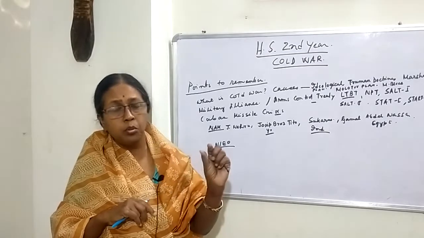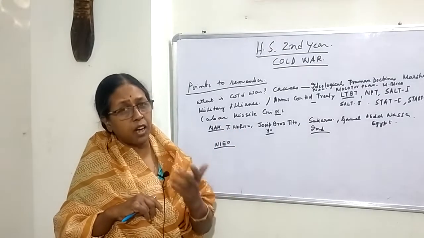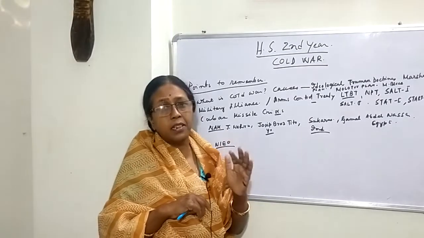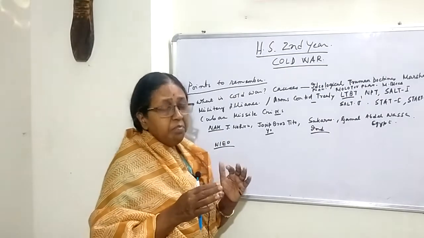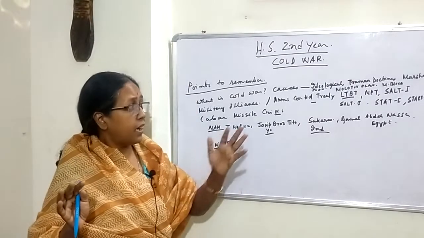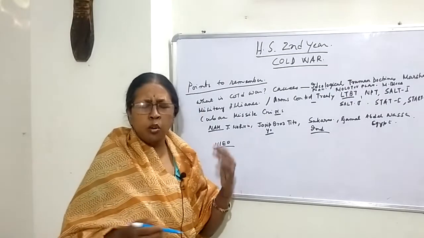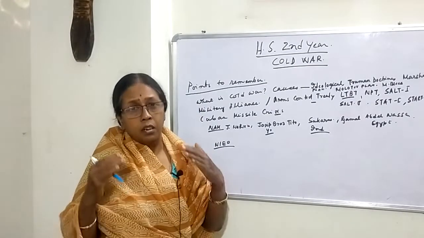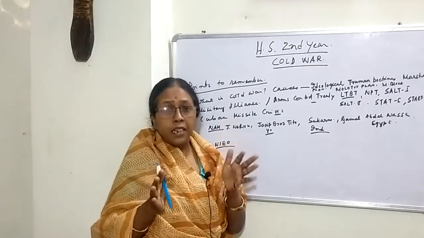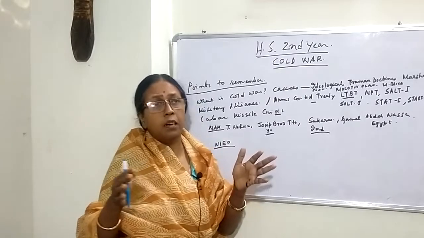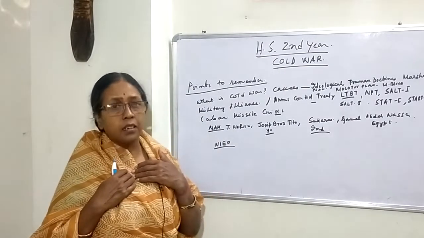I am not going to read out the abbreviation of NATO. You find out the abbreviation of NATO and just remember it, because in the exam you may get that type of question. So when America formed a military alliance known as NATO, on the opposite side Soviet Russia also created a military alliance, including the members who are communist countries.